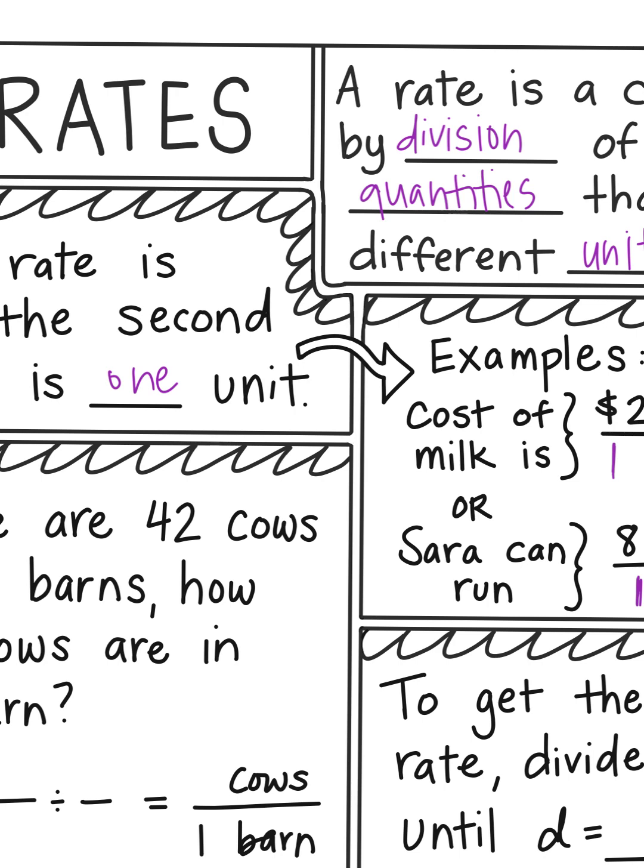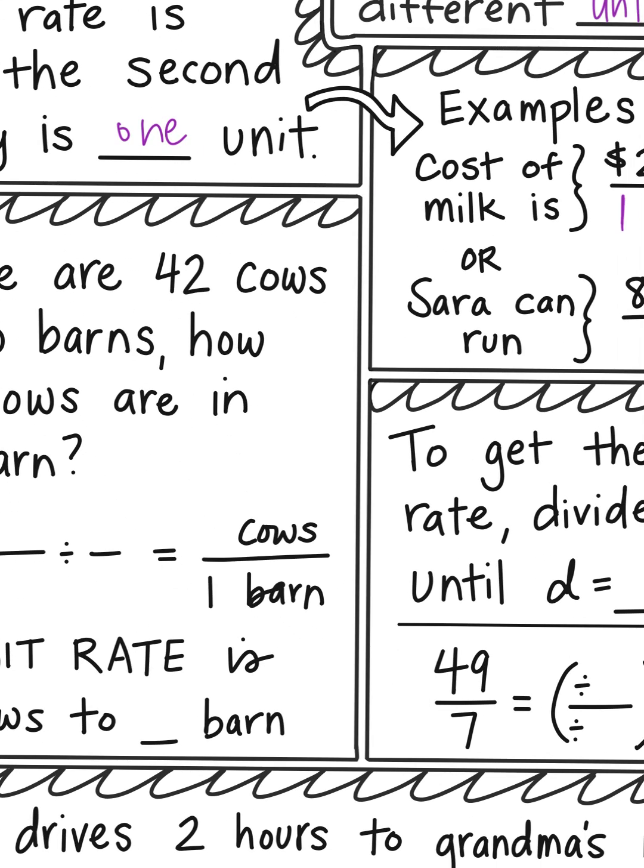Okay, so if there are 42 cows in 2 barns, then how many cows would be in 1 barn? So what I'm going to do is set up kind of like a ratio table, where I have my labels. I have my cows, and I'm comparing to my number of barns.